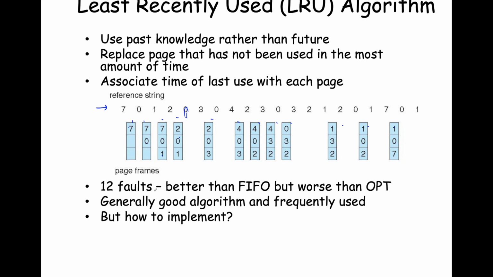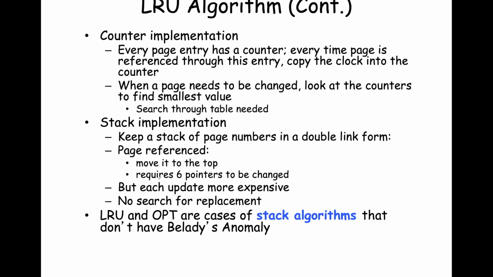Here we have 12 faults, which is better than FIFO, which had 16, but it's not optimal, which had 9. So LRU is a generally good algorithm, frequently used in practice, but the next question is how you would implement this in your system, because it might require some specialized hardware.